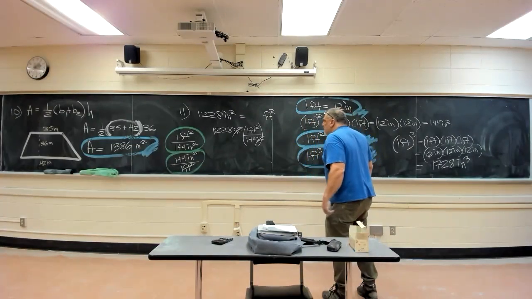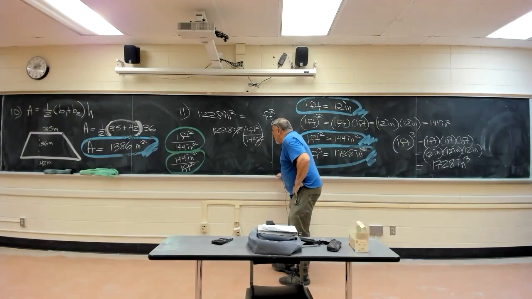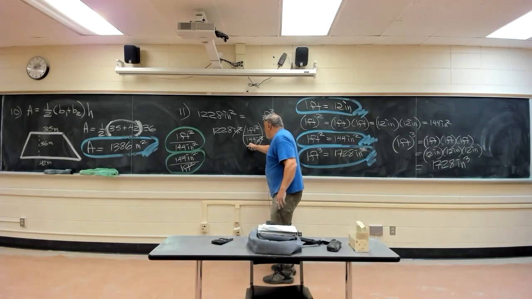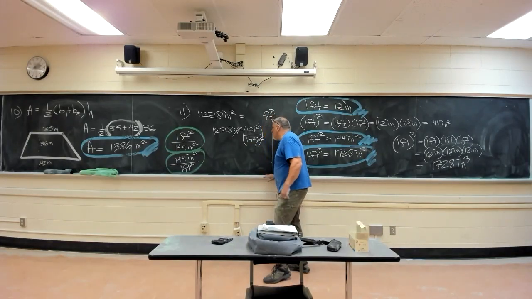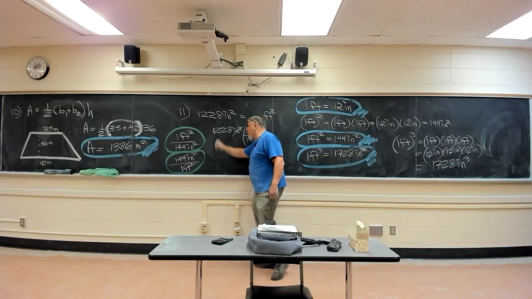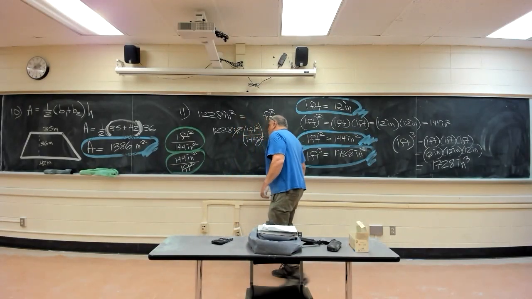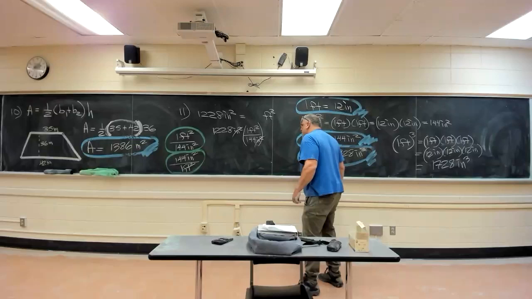I'm looking at this thing all over the place. I'm trying to think if there's an easy way to pull something out of here and make it happen. 4 goes into here 36 times. 4 times 36 is 144. 4 goes into here 307 times.